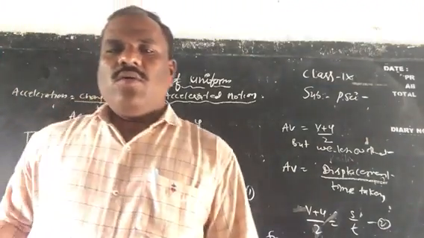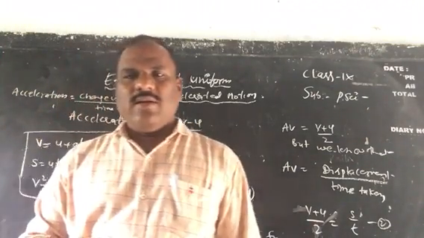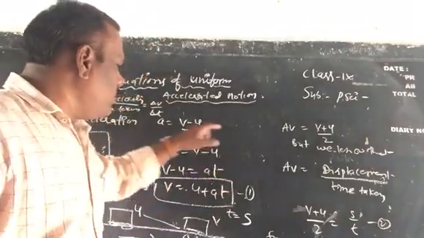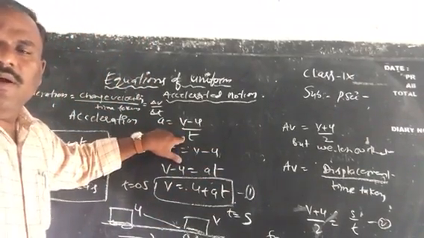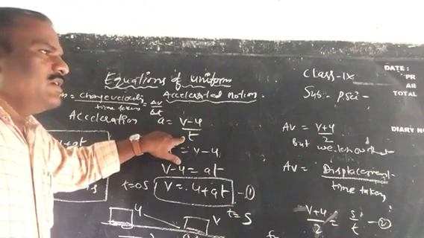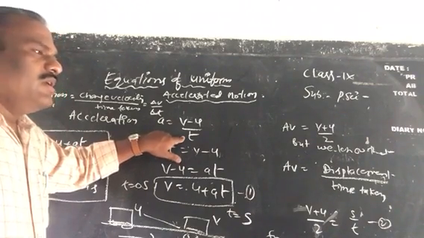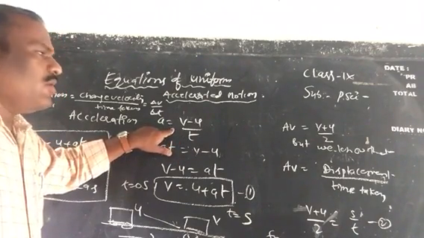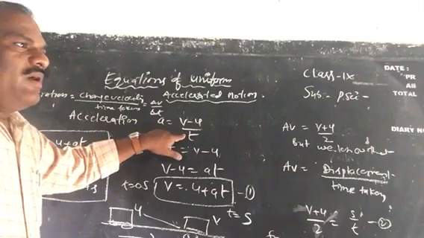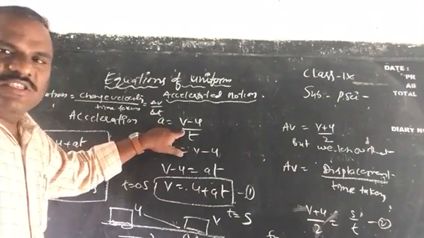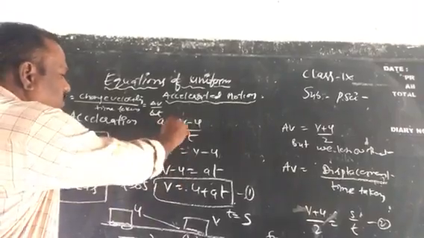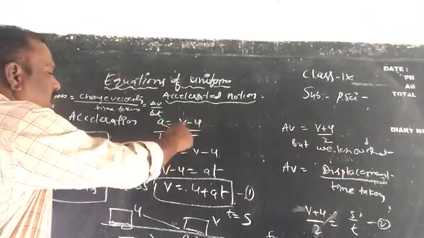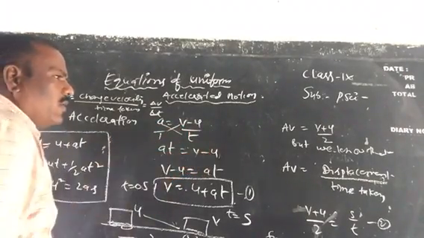So from the definition of uniform acceleration, acceleration a equal to v minus u by t. Why? Because it is the rate of change in velocity, that is the change in velocity by time. Now cross multiplication: at equal to v minus u.